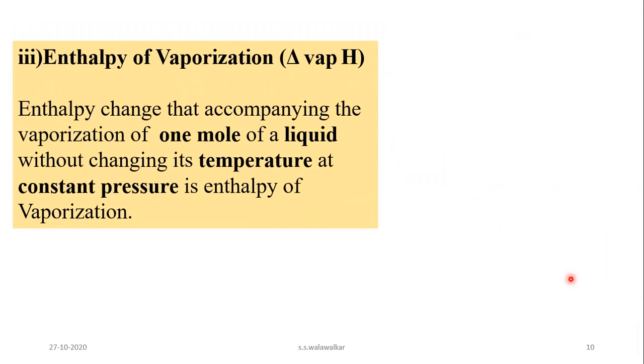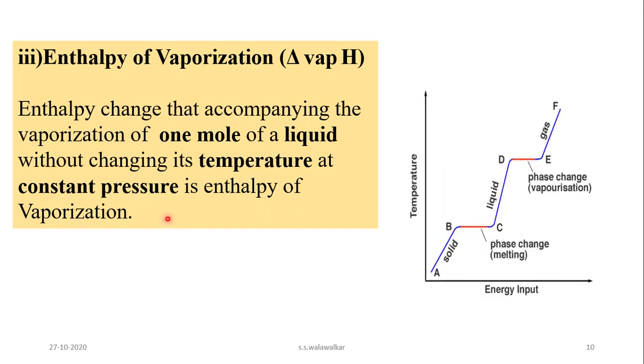So the second type is enthalpy of vaporization. It is indicated like this, delta vap H. The enthalpy change accompanying the vaporization of 1 mole of a liquid without changing its temperature at constant pressure is enthalpy of vaporization.